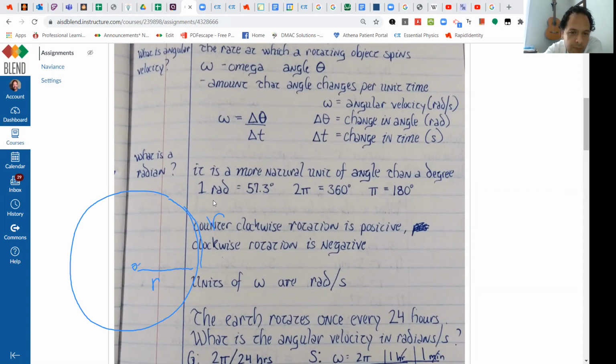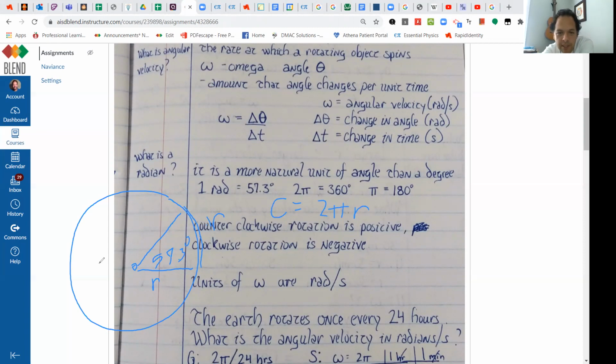And usually that corresponds to an angle of 57.3 degrees, and there's formulas for all that. And then it relates to the circumference, right? The circumference is 2 pi r. So there's all these different relations.